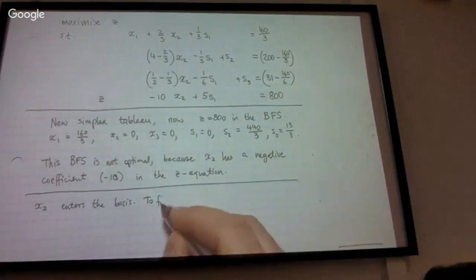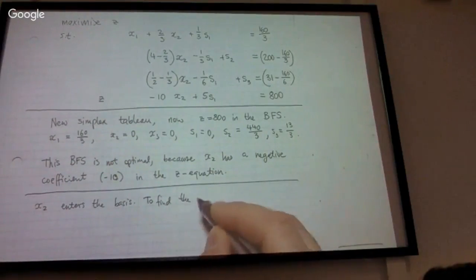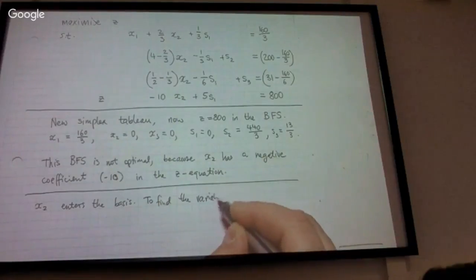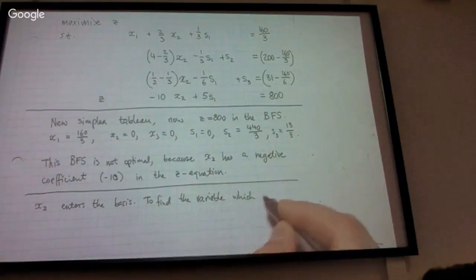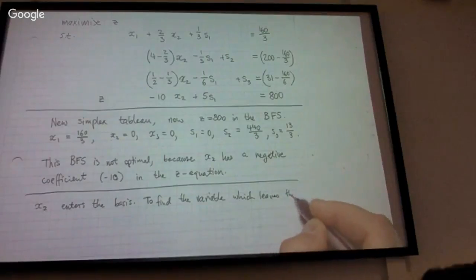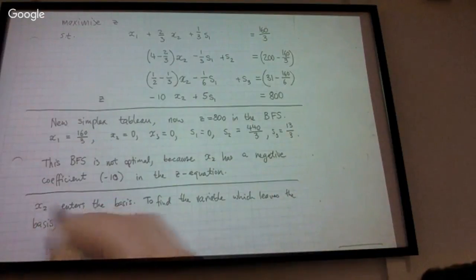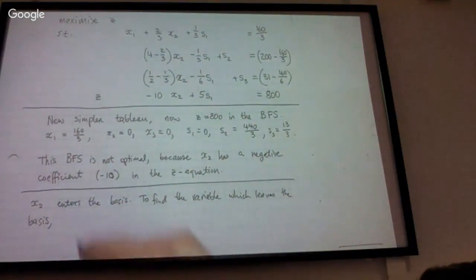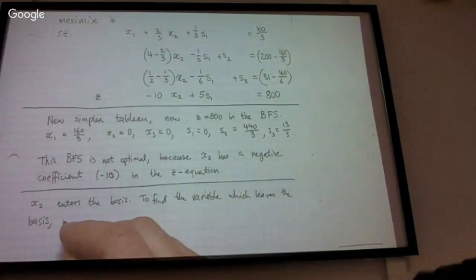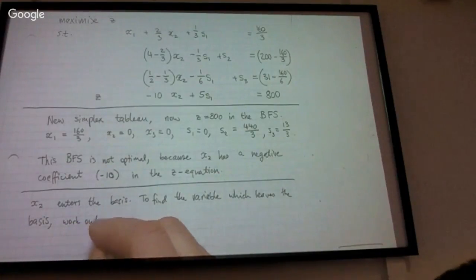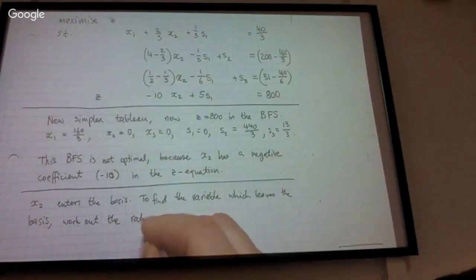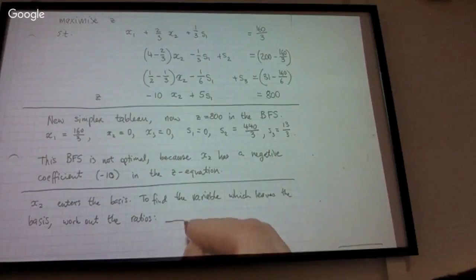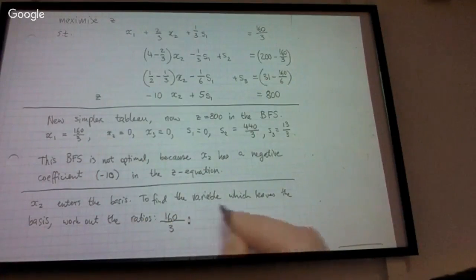To find the variable which leaves the basis, we need to work out the ratios. Which ratios? Okay, 160 thirds divided by 2/3.